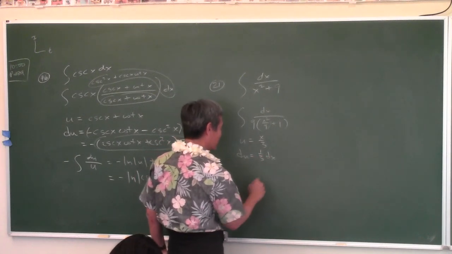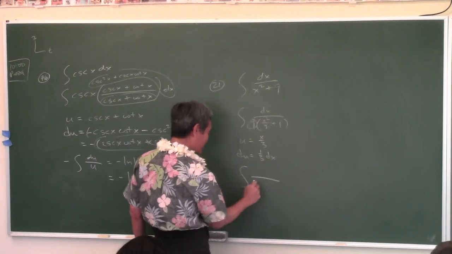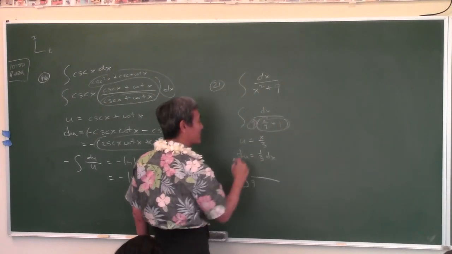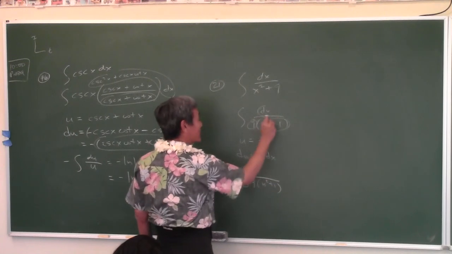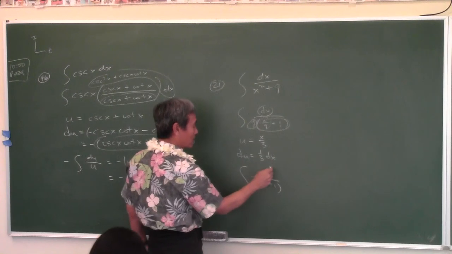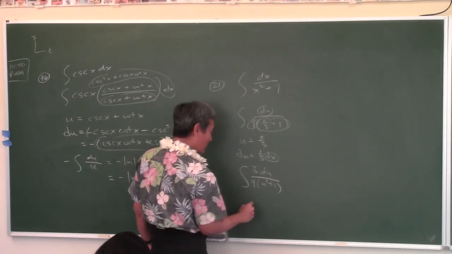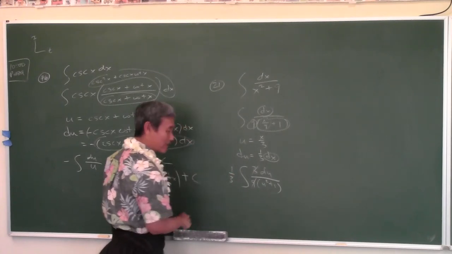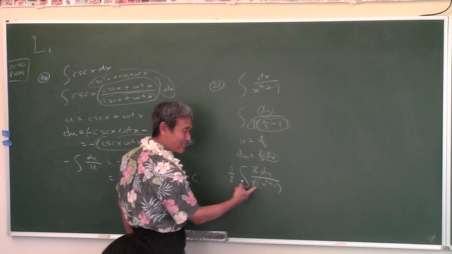One third dx. So this integral becomes, okay, that 9 stays there. What do I substitute for that? u squared plus 1. What do I substitute for dx? 3 du. But the 3 over 9 can be thrown on the outside. All constants can be thrown on the outside like an unwanted pet. And is that on our list? Yes.